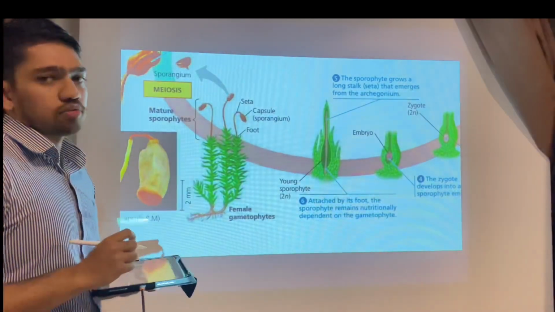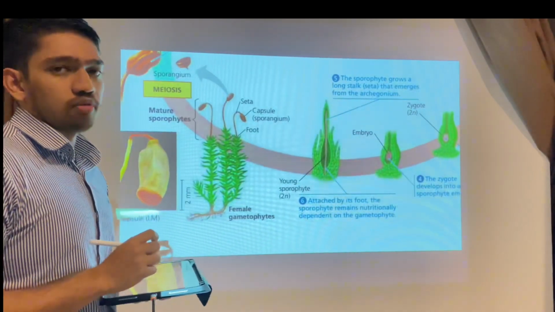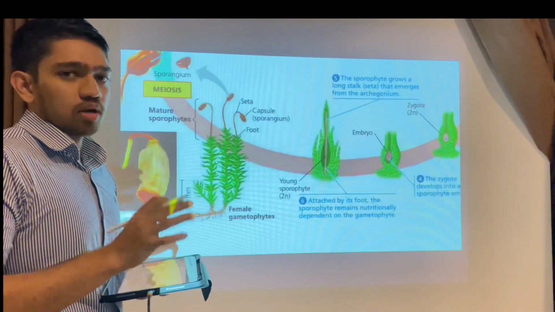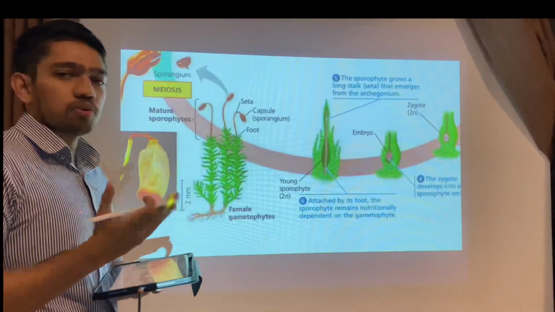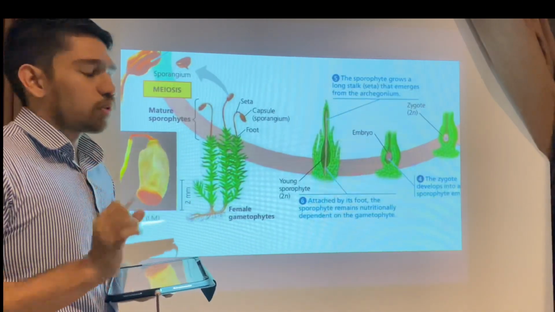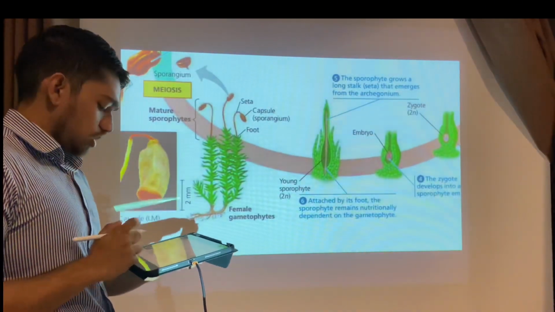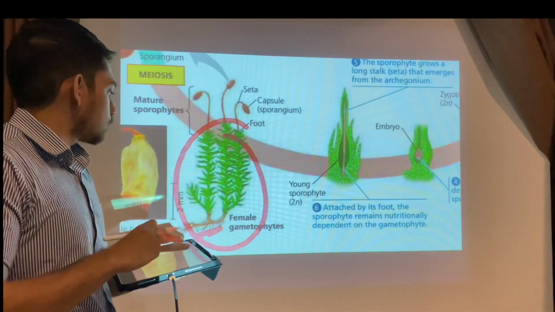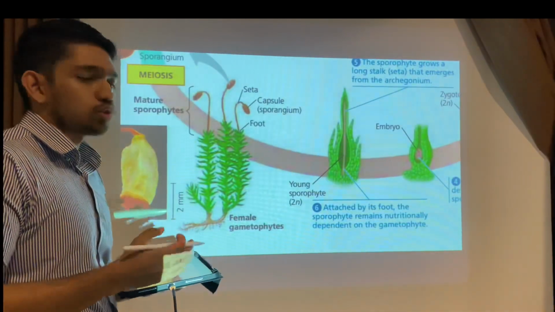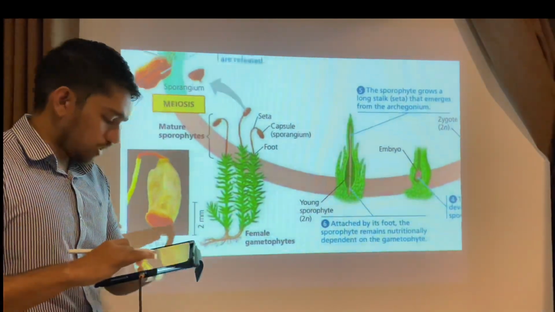Rhizoids are not what we call proper roots that we can find in vascular plants, right? Rhizoids are simply there to anchor the plant and it doesn't have proper vascular tissue development as in proper roots, right? I'll explain what rhizoids are in detail. So these are rhizoids and this is the mature gametophyte that is actually the dominant stage, right?